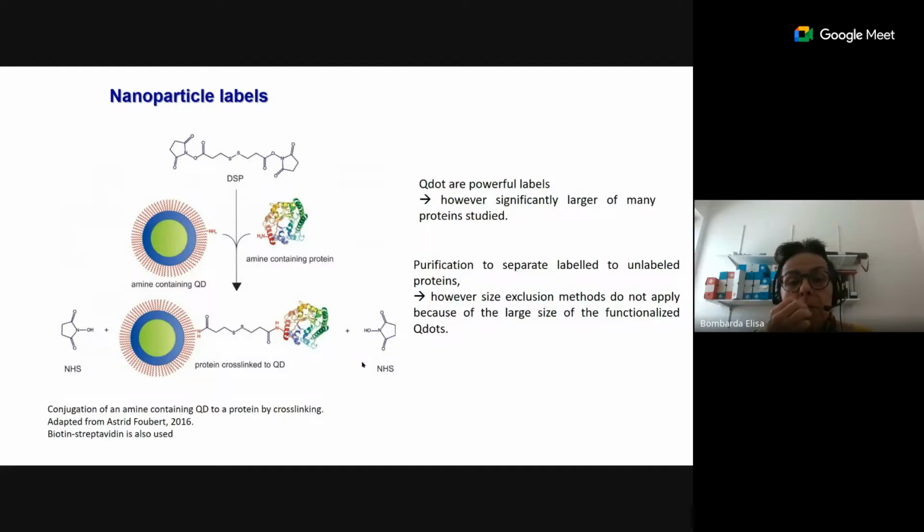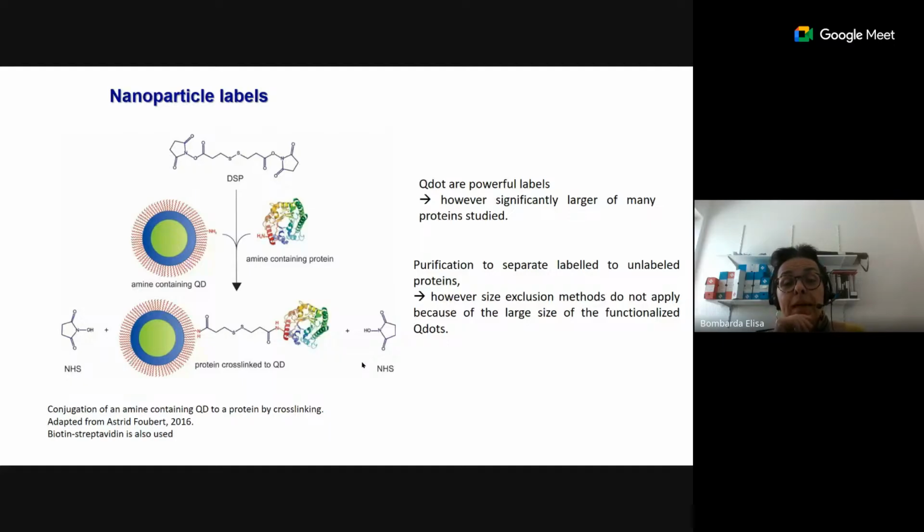Since we were also talking shortly about nanoparticles, in particular quantum dots, we can label proteins also with nanoparticles. Quantum dots are powerful labels, as we saw, and the brightness is quite large. But of course, they are even larger than fluorescent proteins, so again it depends on your system.